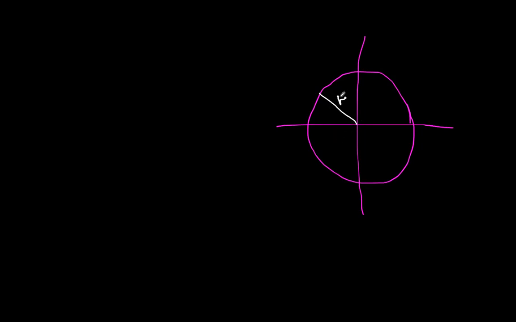Pero pag tumagal-tagal na, we are considering a circle with radius r or any value of r as long as r is a real number. And we know that this is the angle theta, di ba? And this is our xy. This is the coordinate, and this is the reference triangle, and this is the reference angle.